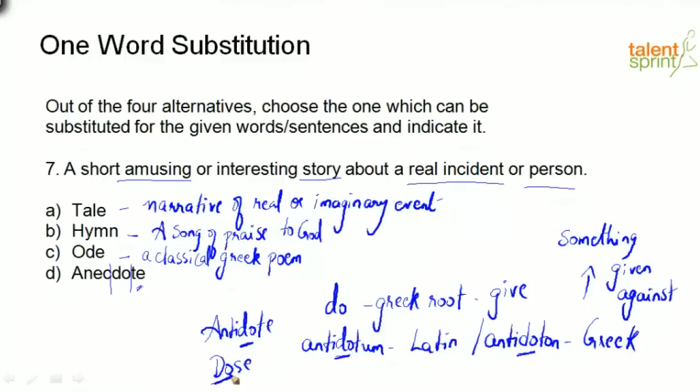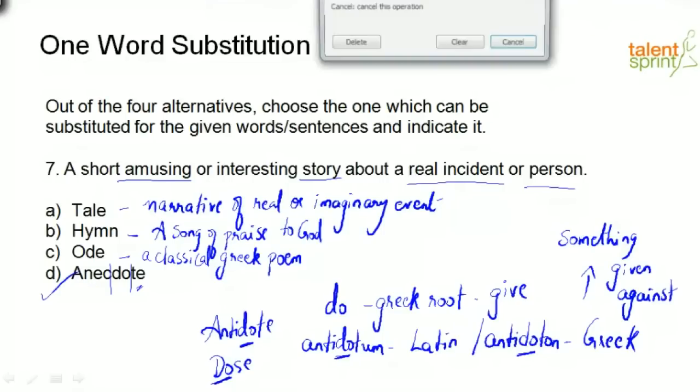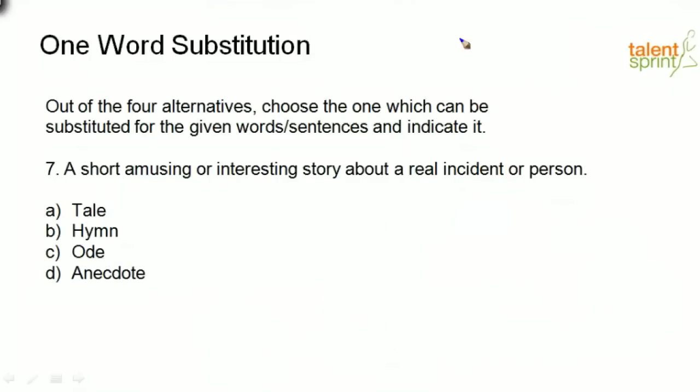And then you have ode, and then you have anecdote. So for this particular question, giving a short, amusing, or interesting story about either a real incident or a person is anecdote. So a couple of you got it right, and a couple of you, because you were not familiar with the other words like hymn, chose that.